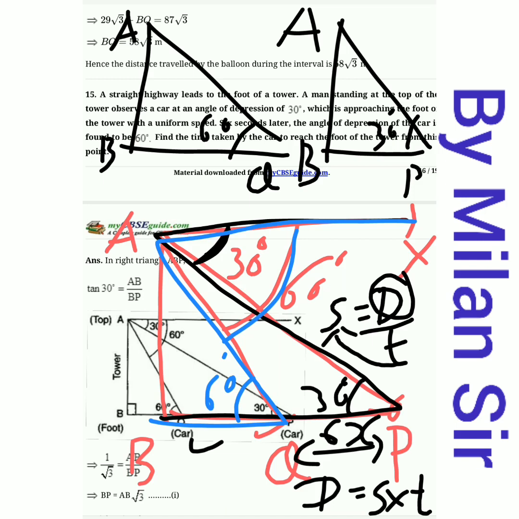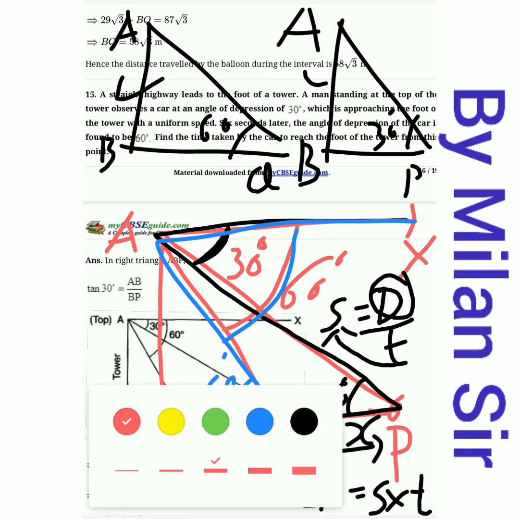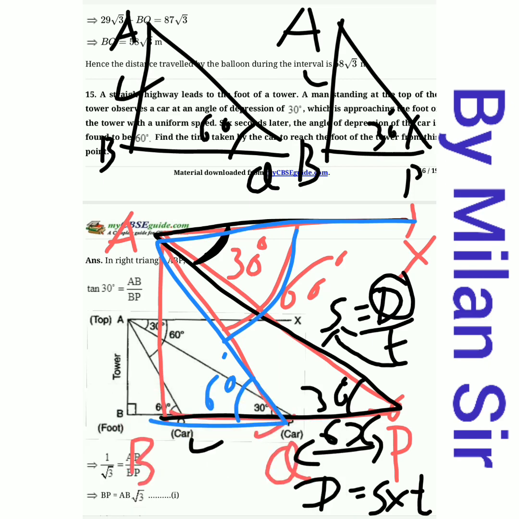Right? AB we don't know, but AB is a common side in both of these triangles. So in both triangles we find AB and equate them. From that we can find BQ. Okay, now for BQ, one more thing. We need to find the time taken by the car from point Q to B. We assume that time is equal to t.